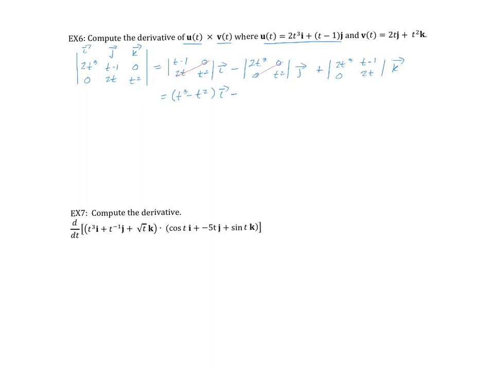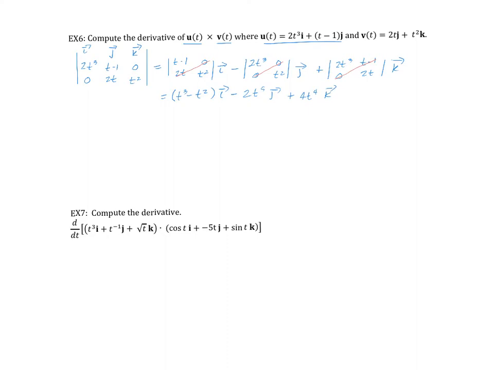But I have 0 on the other product, so this just becomes 2t to the 5th j, plus multiplying 2t to the 3rd times 2t would give me 4t to the 4th. And again, minus 0, that's gone. That would be my k.